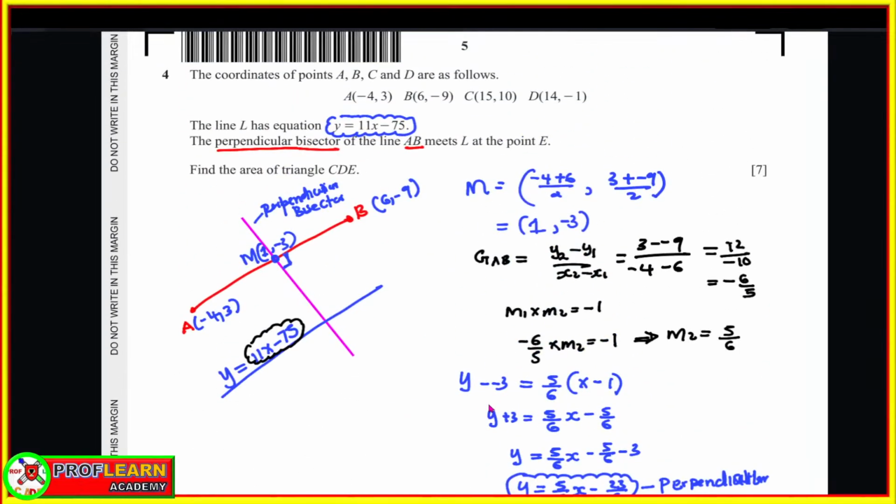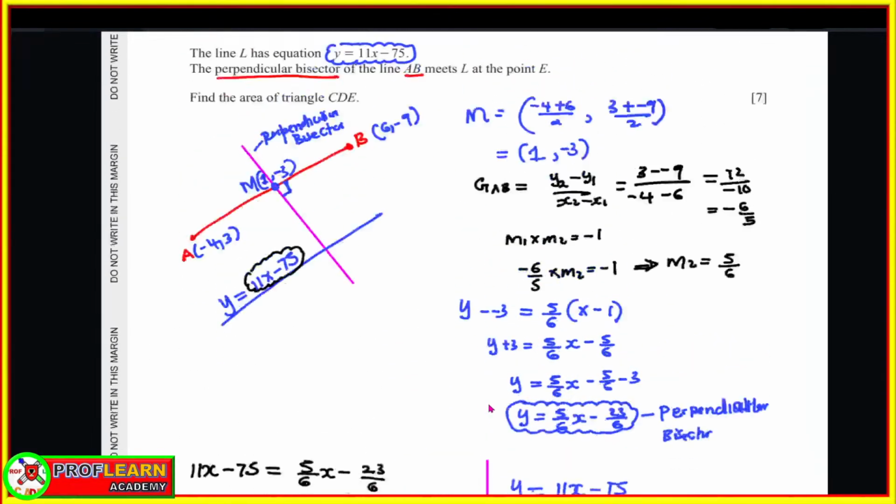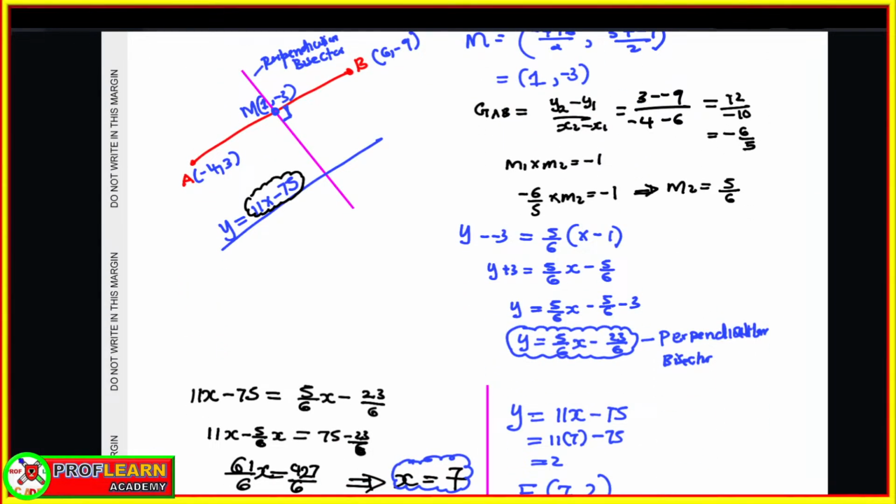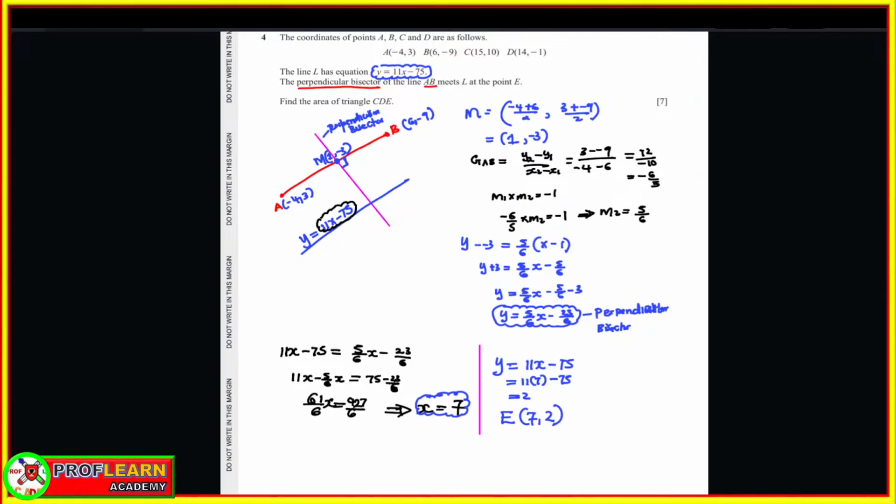So, find the area of triangle CDE. So let me just minimize this so that we can find that area.